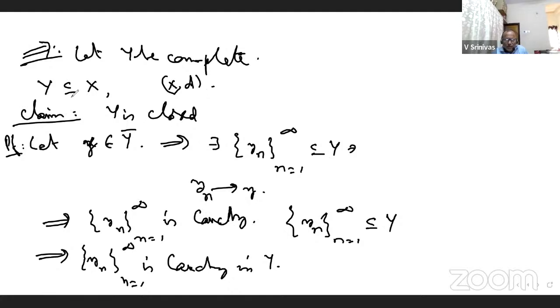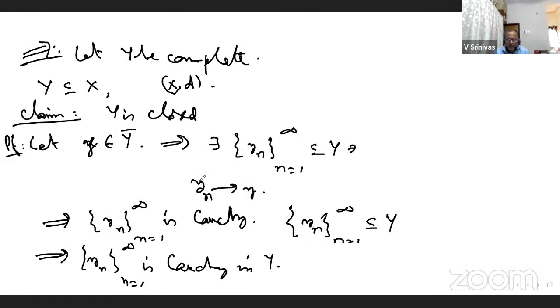What did we do? We took a point y in Y closure. This means you get a sequence Yn in Y converging to small y. This convergent sequence becomes Cauchy, and because the Yn are coming from Y, this becomes a Cauchy sequence in Y. Now capital Y is complete.